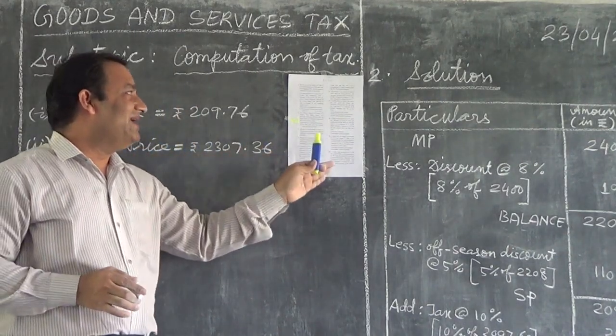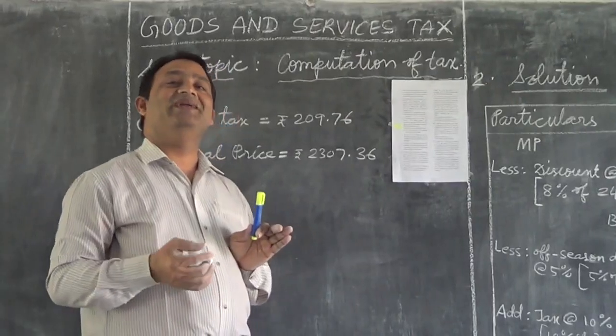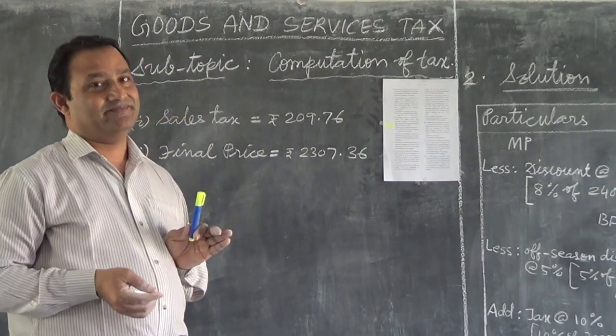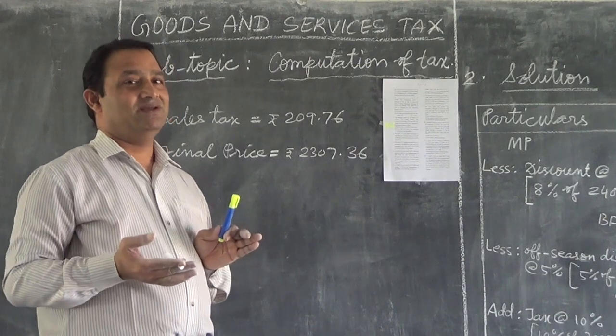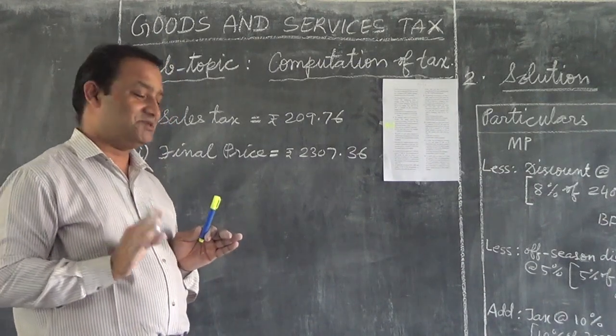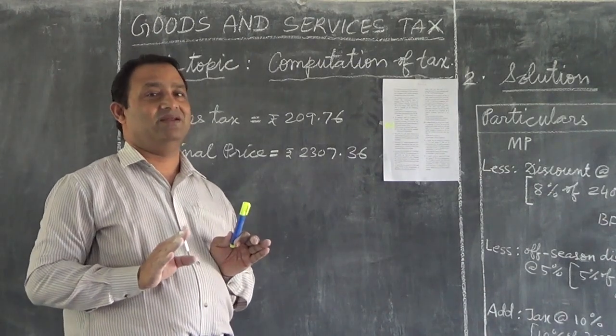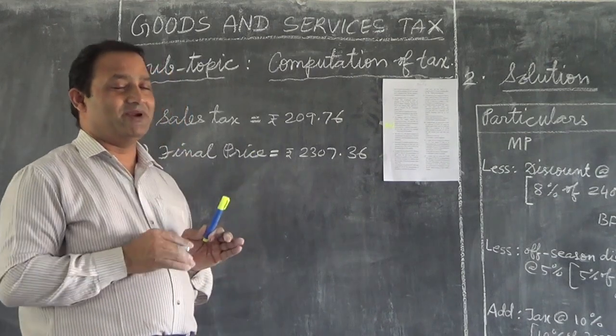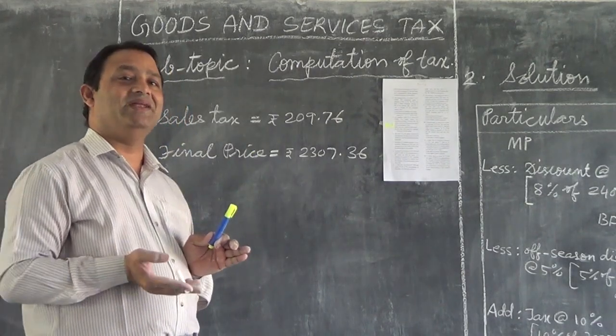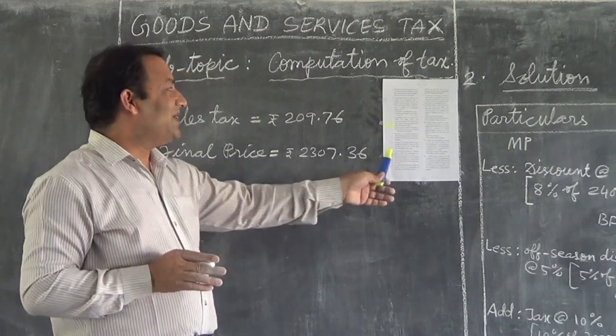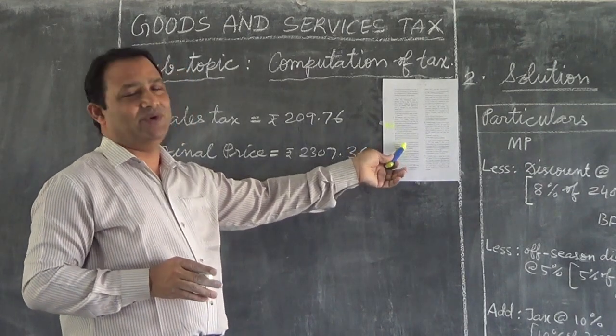We may need equations here. Equations are needed especially in a reverse problem. But in a straightforward problem, we don't require any equation. Because this is a reverse problem, you may need an equation.